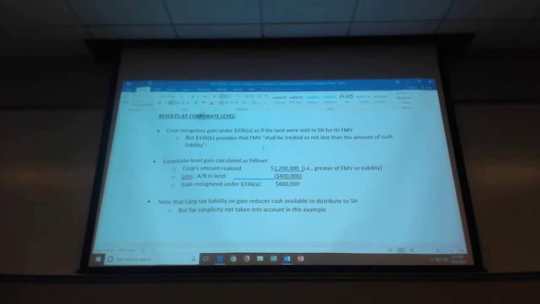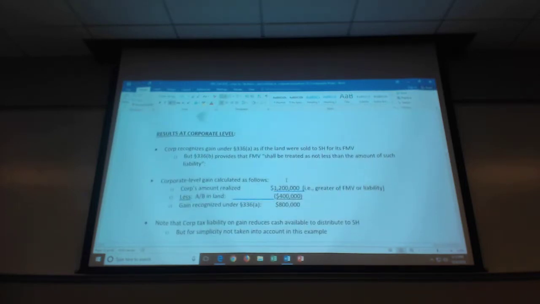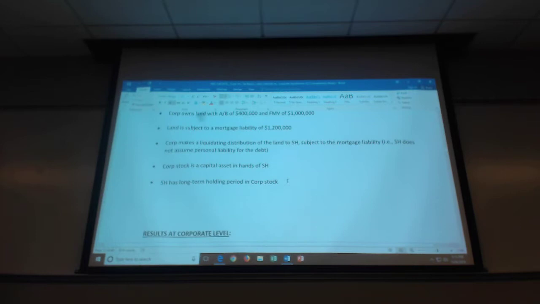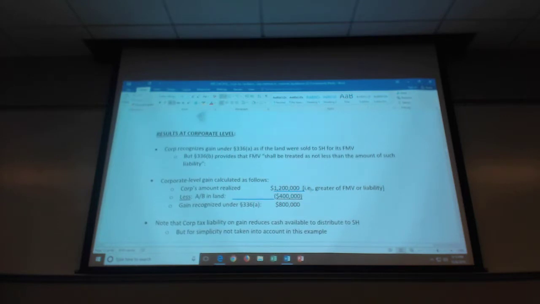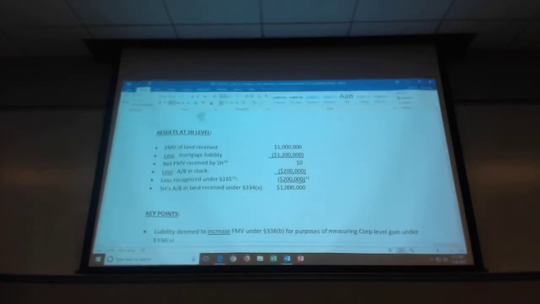But then when you look at 336(b), that provides fair market value shall be treated as not less than the amount of the liability that encumbers that property. So here, again, it's a kind of a bifurcated approach in the sense that the liability did not have any impact at the corporate level, but when you look at the shareholder level, it's a negative. The shareholder received land worth $1 million, a mortgage liability of $1.2 million.